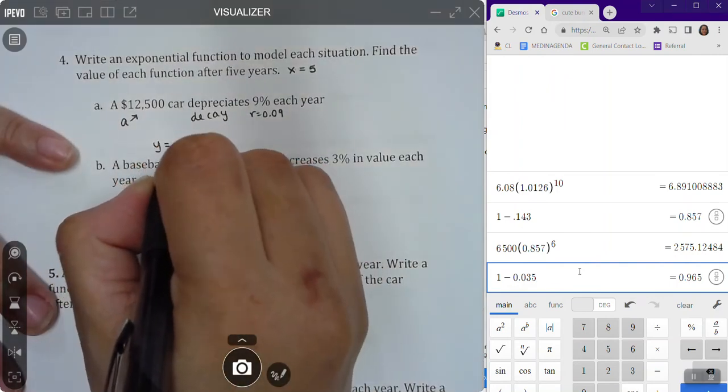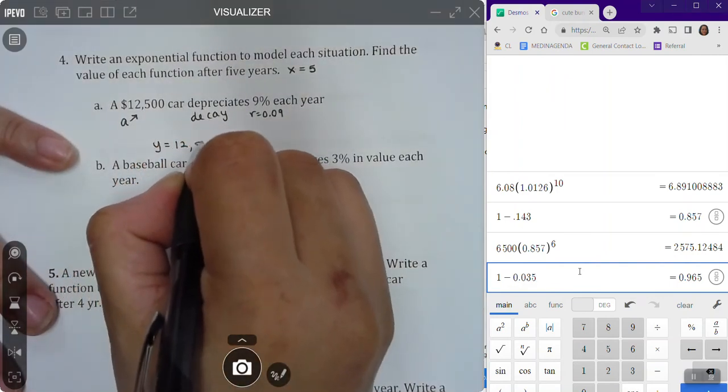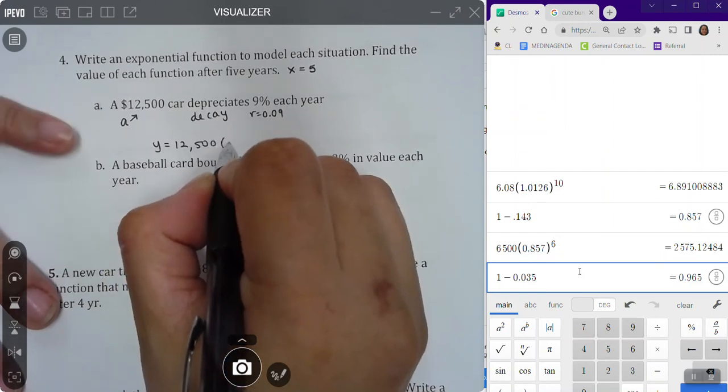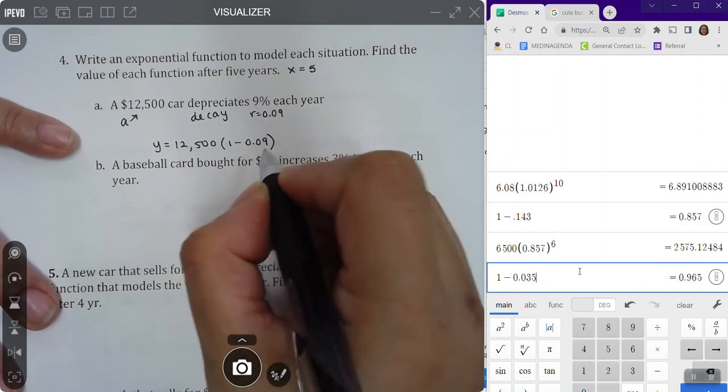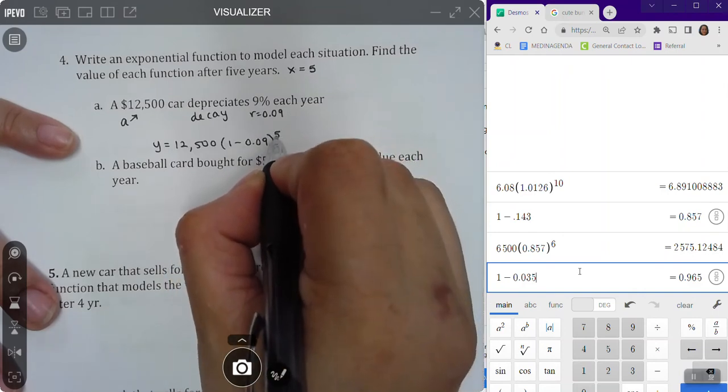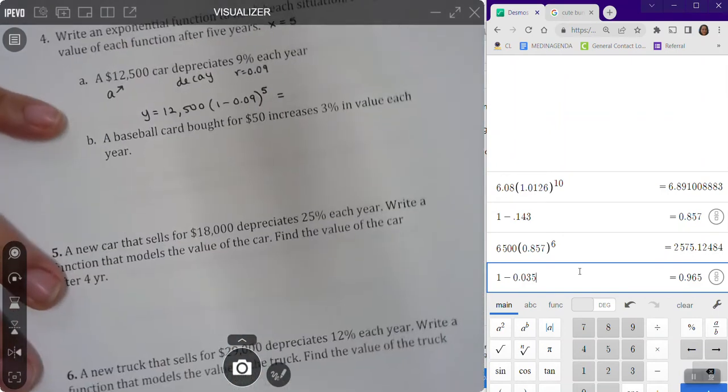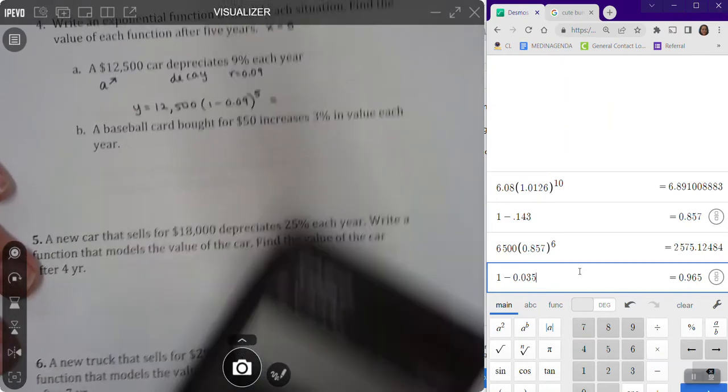So here we go. Y equals 12,500 decay, 1 minus 0.09 raised to the 5. Okay.